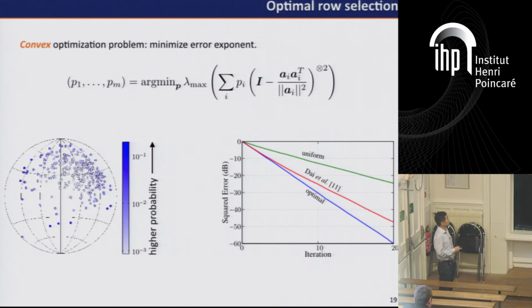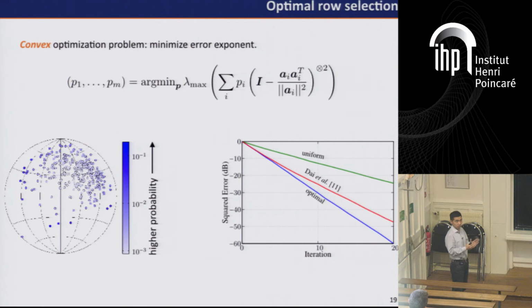You can solve it. Now here is just a numerical simulation for the case when the matrix has 3 columns. So each row is a point on this sphere. We use every dot to represent a row, and the intensity of the color represents the probability. Okay, the lighter the color is, the lower the probability, and vice versa. We can see that this optimized result makes sense because there are regions on the sphere that are very densely populated.